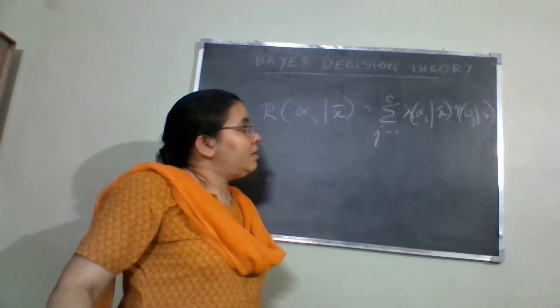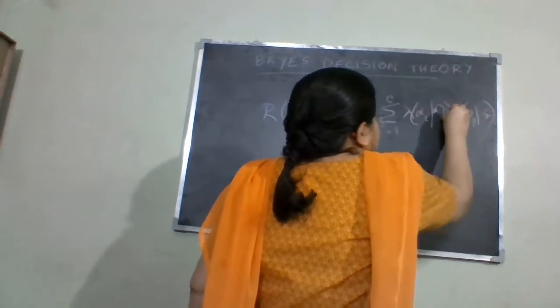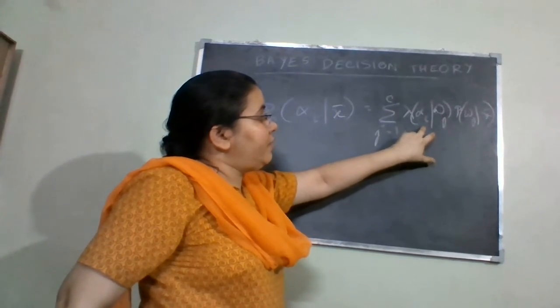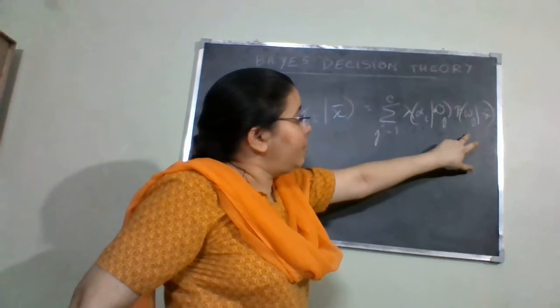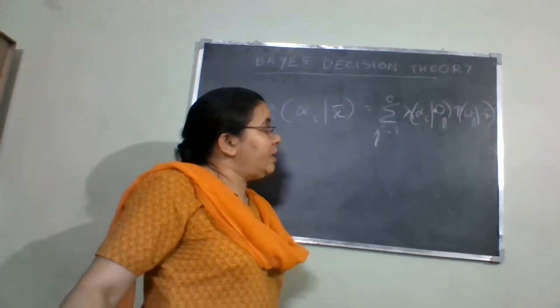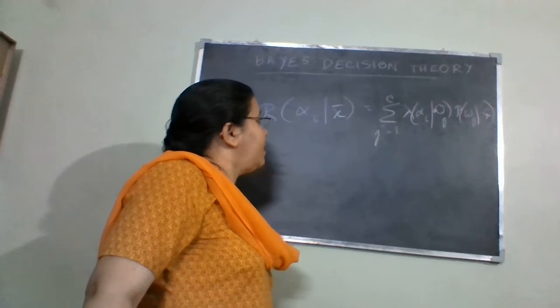That is the loss function when I am taking action alpha i, considering my class is omega j, times the posterior probability p omega j slash x bar. It's written in the PDF. If there is a handwriting problem, you can check in the PDF.